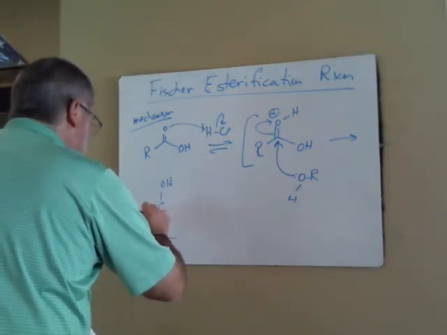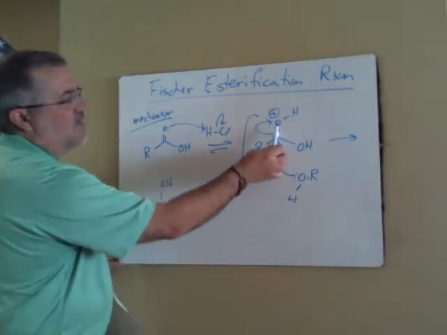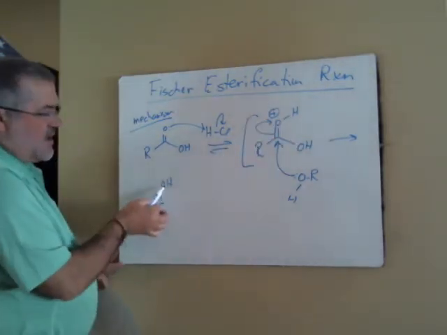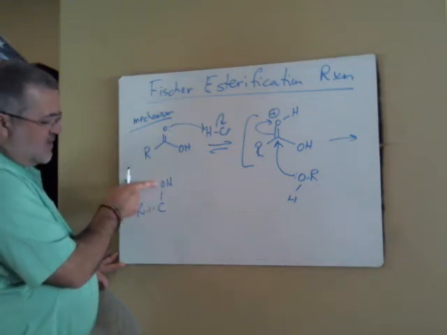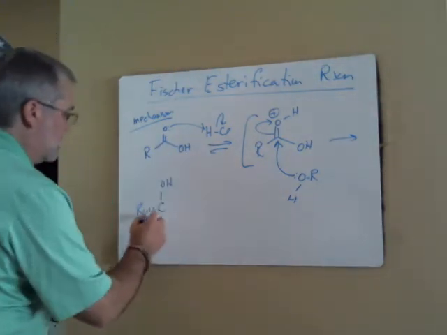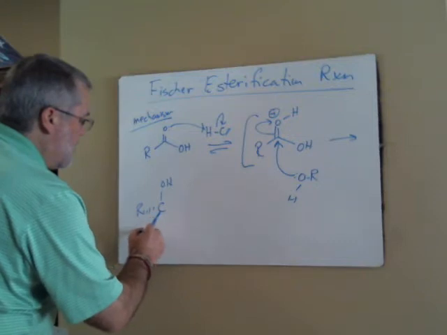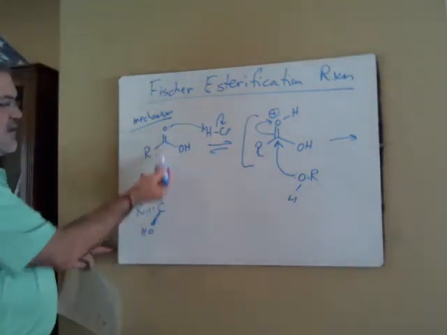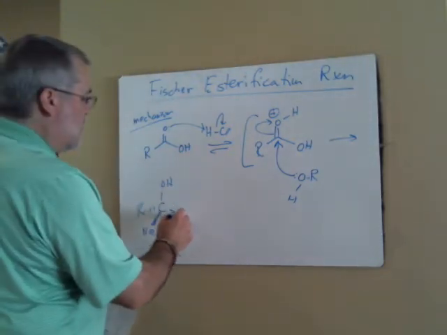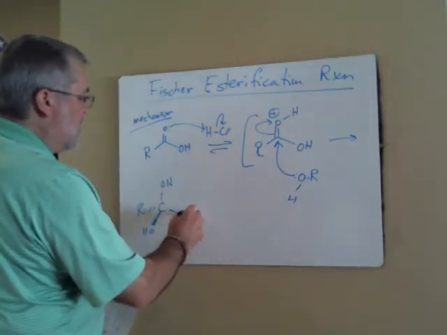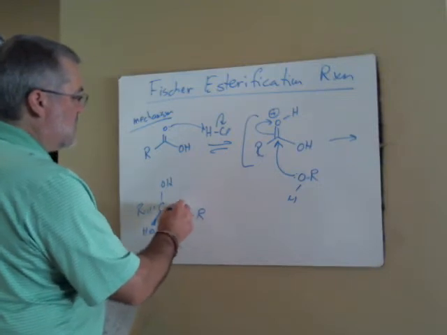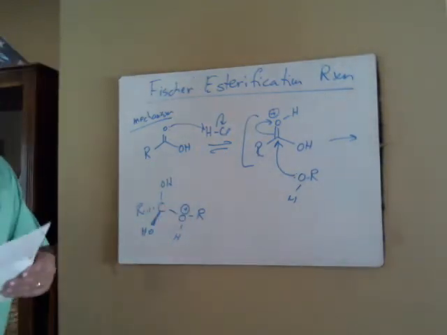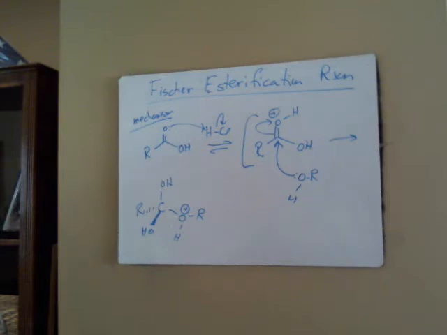The carbonyl oxygen was already protonated, so that's it here, right? And then this is attached to the R group and the OH. So those are the substituents that were present on the carboxylic acid. And then what I've done is I've reacted now with that neutral nucleophile, so it's going to have a plus charge like that. Okay? Now what happens?